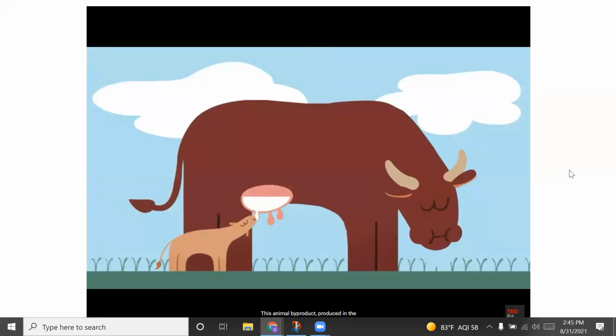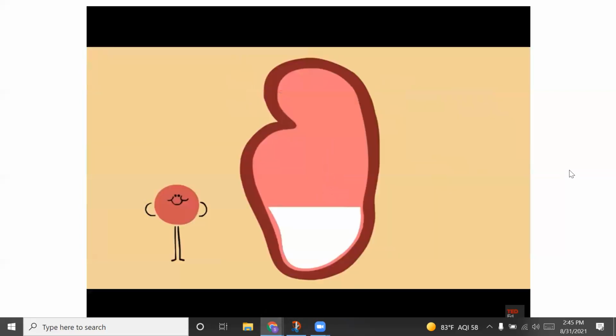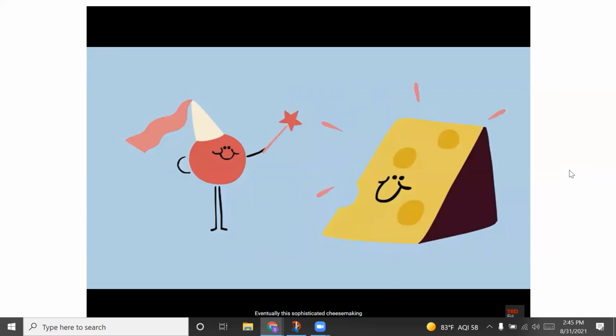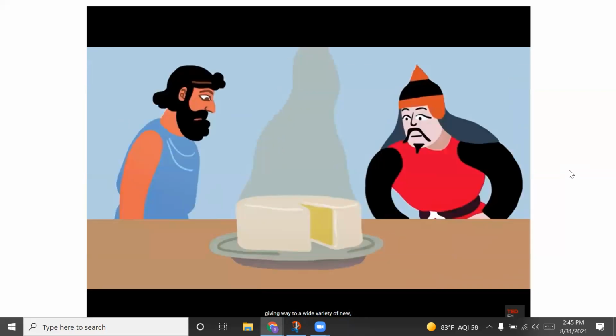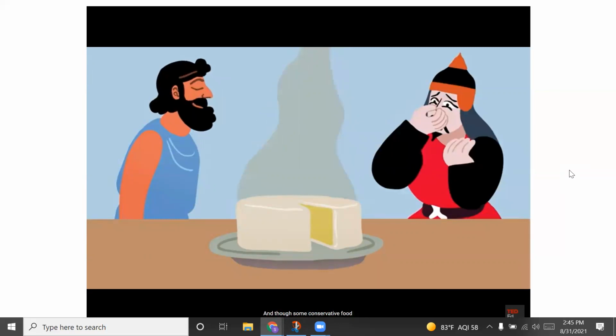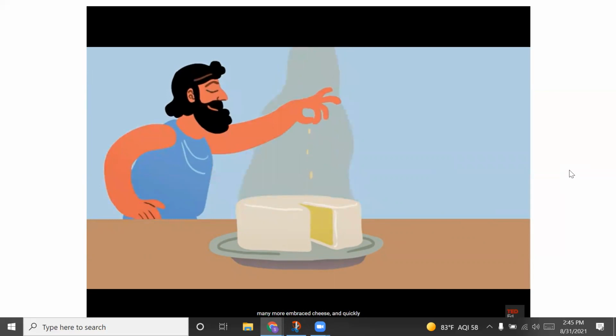This animal byproduct, produced in the stomachs of certain mammals, can accelerate and control coagulation. Eventually, this sophisticated cheese-making tool spread around the globe, giving way to a wide variety of new, harder cheeses. And though some conservative food cultures rejected the dairy delicacy, many more embraced cheese and quickly added their own local flavors.